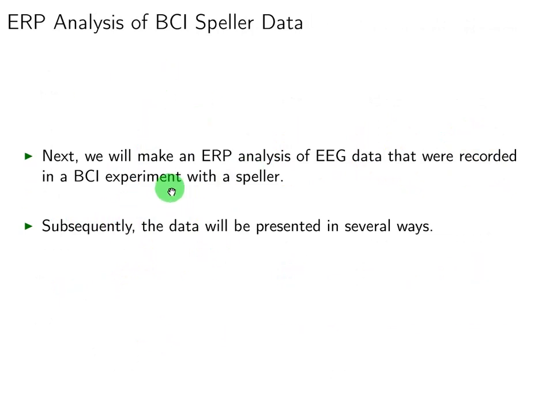So let's take a look at some analysis of ERPs from EEG that was actually recorded from a BCI experiment, or BCI spelling experiment. And then let's visualize the data just to have some idea of how separable, how prominent, how visible they are.